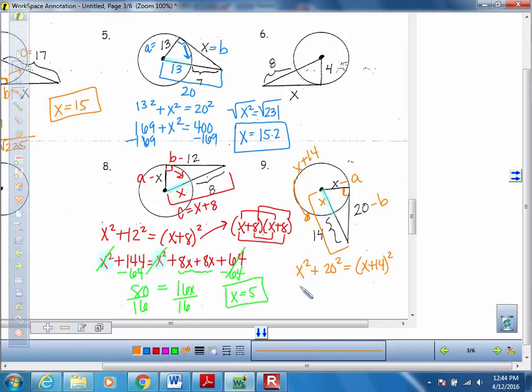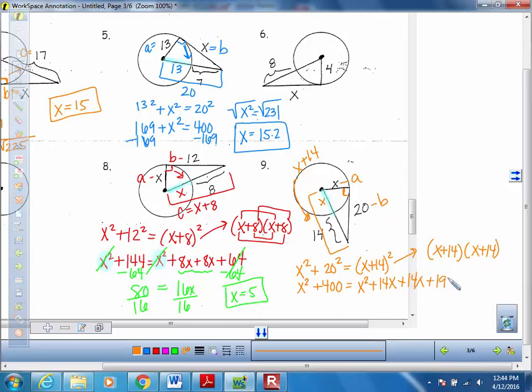Okay, so x squared just stays x squared. I know 20 squared is 400. Then I've got to square this thing, so I'm going to rewrite it as x plus 14 times x plus 14. That's going to give me x squared plus 14x plus 14x, and what is 14 squared?